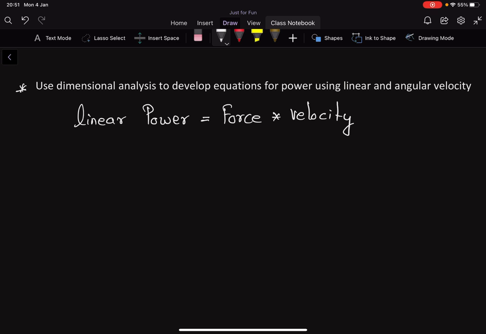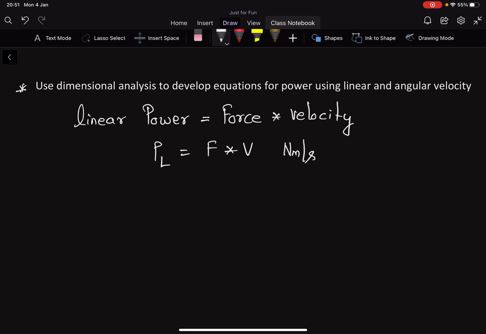Basically, if we talk about linear power, that means it's linear velocity. So simply multiplying force with velocity, we can get our linear power. So let me write this as PL equals F times V, and the unit is going to be Newton meter per second.